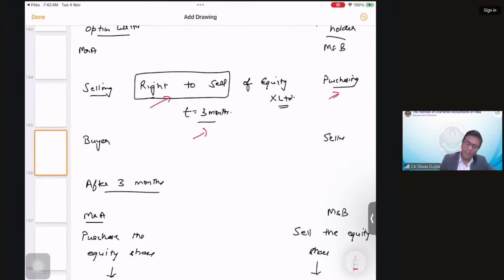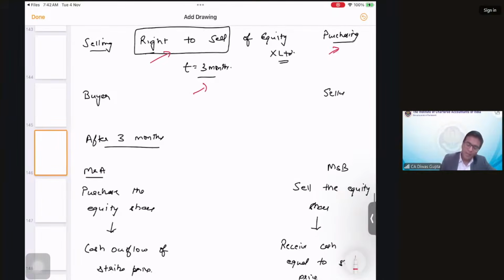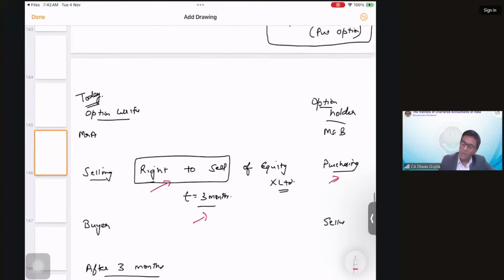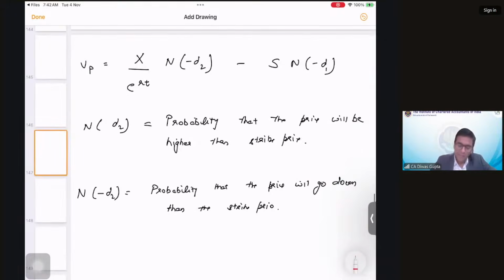Now, this option writer will become after 3 months the purchaser of the equity share, right? And the option holder will become the seller of the equity share, and hence they will receive cash. Here it will be a cash outflow to the extent of the strike price.